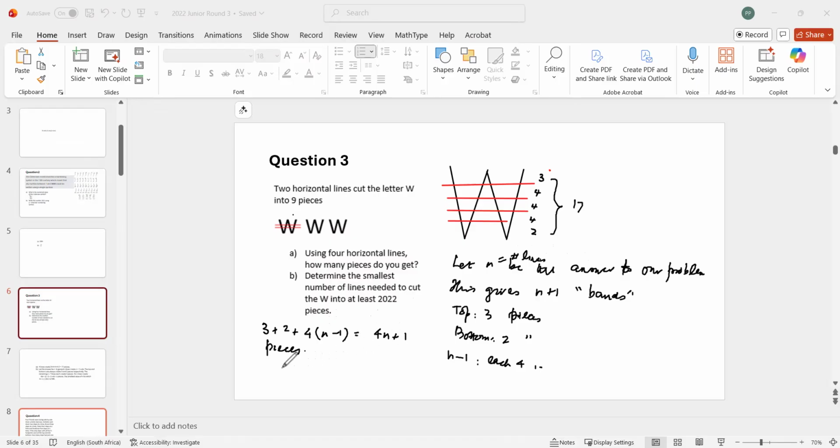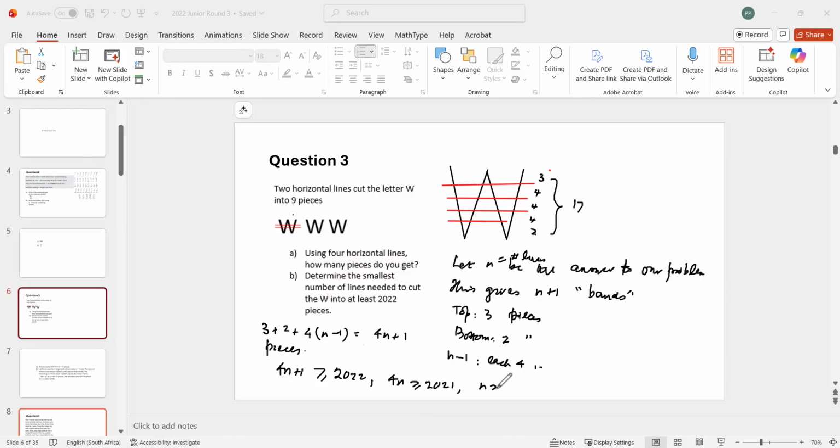So you want 4n plus 1 to be greater or equal to 2022, because you want the number of pieces to be at least 2022. Okay, now you can make n the subject. Bring the 1 to the other side.